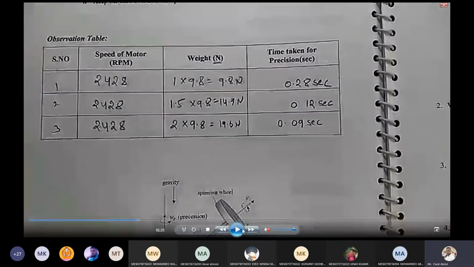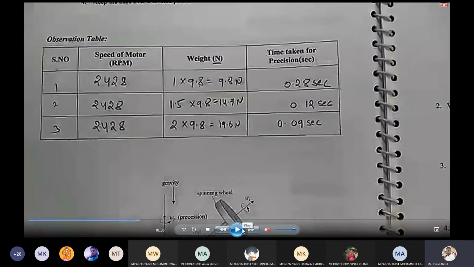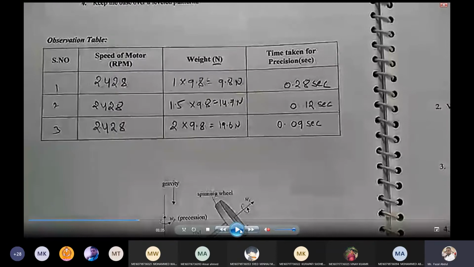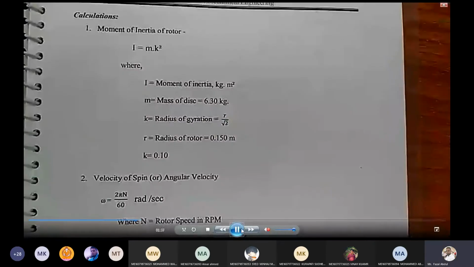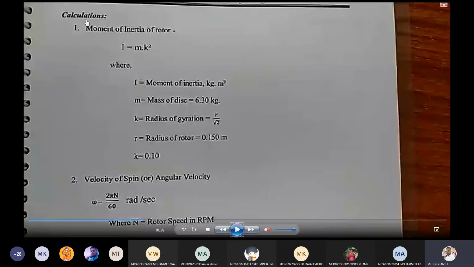So to perform the experiment, these are all the things we require first. The observation table is important. After taking these values, now this is the calculation. The calculation part is important. Whatever the relations are there in this calculation, you must be perfect with them. In the Viva, you will also get questions from these parts.